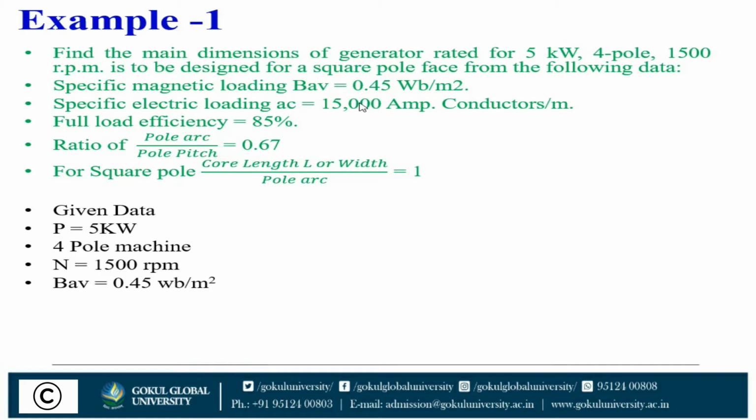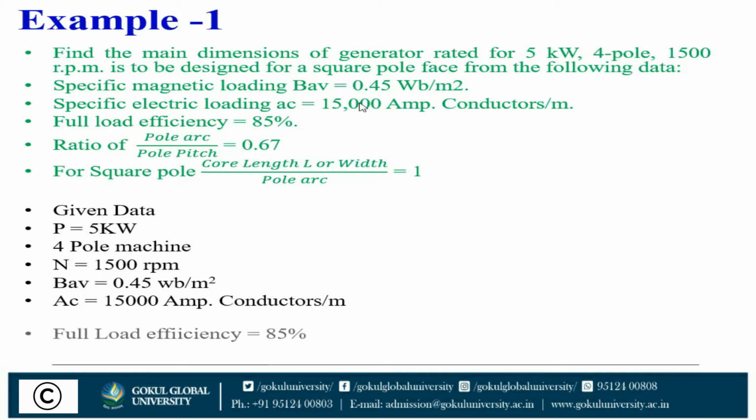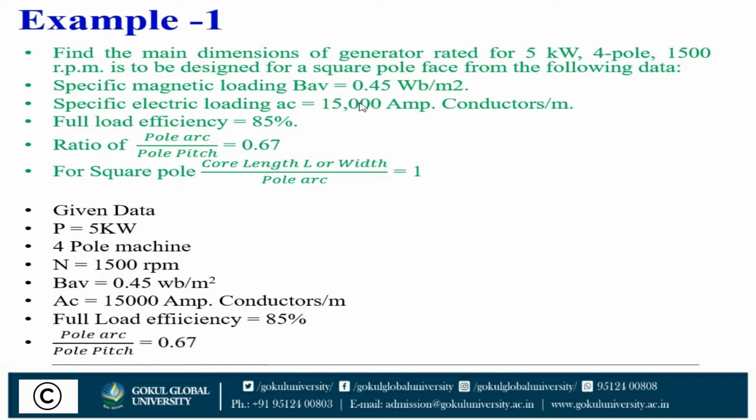Specific magnetic loading is equal to 0.45 Weber per meter square. AC, specific electric loading, is equal to 15,000 ampere per meter. Full load efficiency is equal to 85%. Pole arc by pole pitch is equal to 0.67.